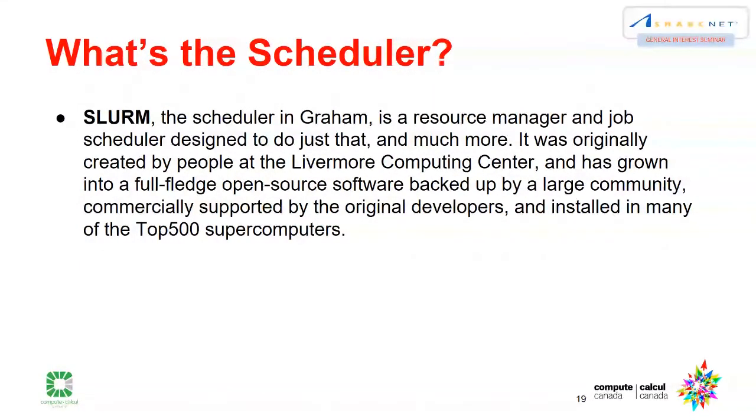So we need to control how to submit jobs to the individual nodes and how to use the memory and storage together. SLURM is a resource manager and job scheduler designed for those kinds of jobs. It was originally created by Livermore Computing Center, and now most supercomputers use the SLURM system.